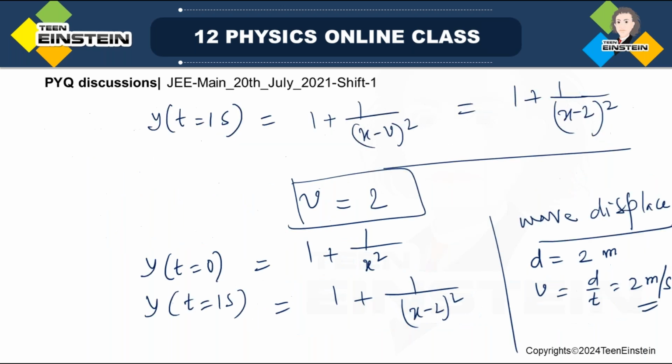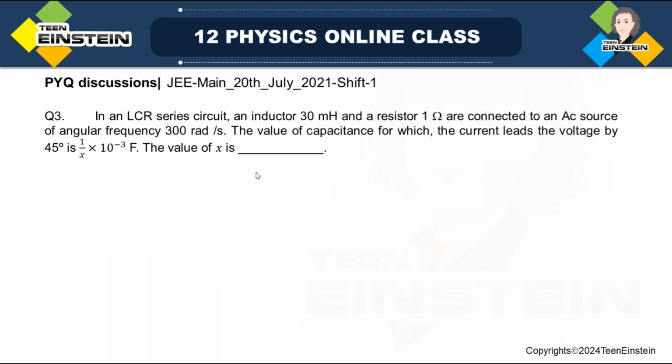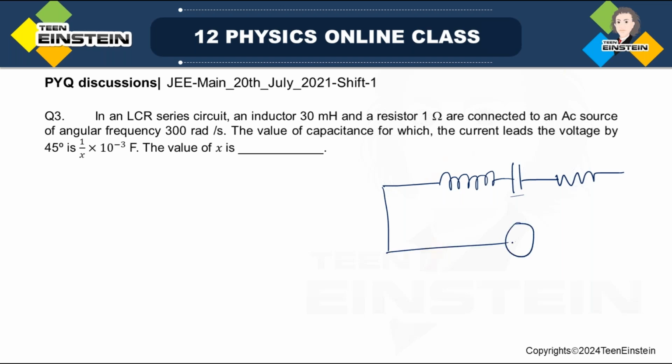All right, let us go to the next problem. This problem says, in an LCR series circuit connected to some AC voltage source having voltage V, the inductor is 30 millihenry, the resistance is 1 ohm, and the capacitance is not given.